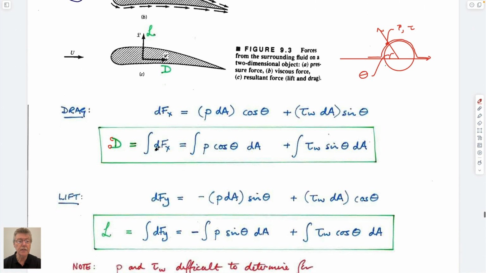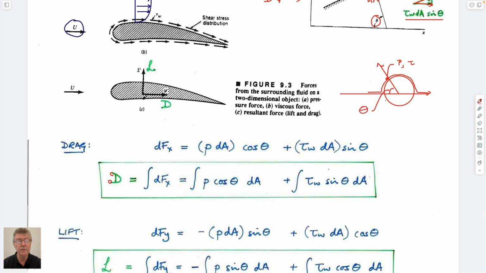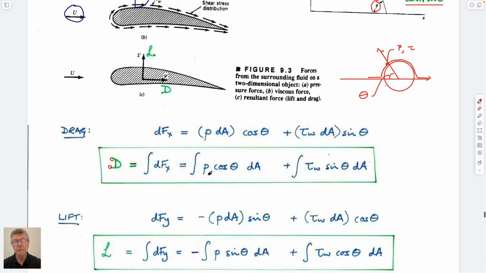We can just calculate the integral of the forces acting in the direction of the flow, which is horizontal here, and it's the pressure times this times the length over which it acts, and the shear force times area corrected for the inclination relative to the downstream velocity.